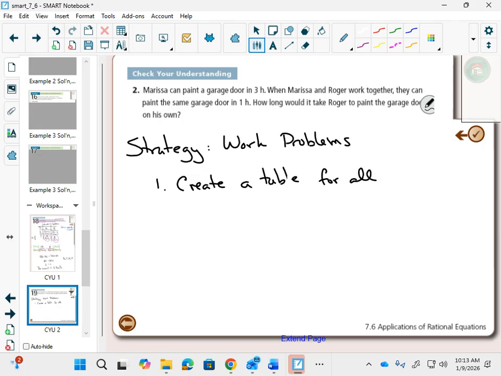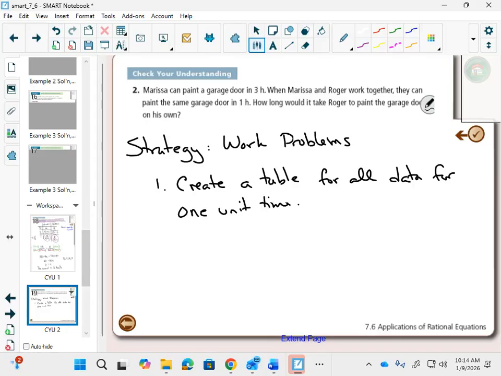Sometimes when we try to explain it as a strategy, you don't understand the strategy until you see a question, and you can't understand the question until you see the strategy. So you kind of have to do both at the same time.